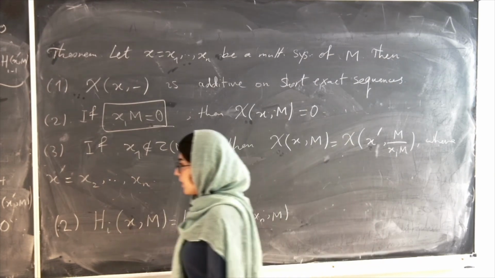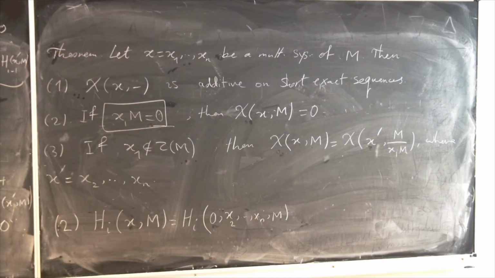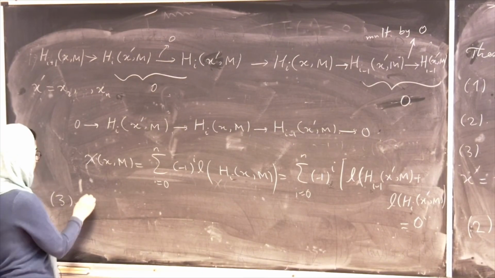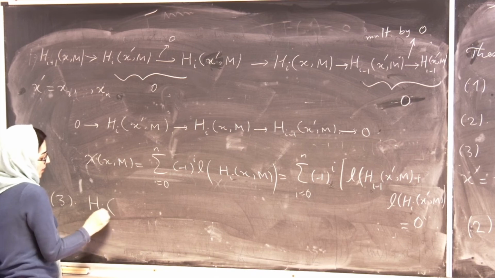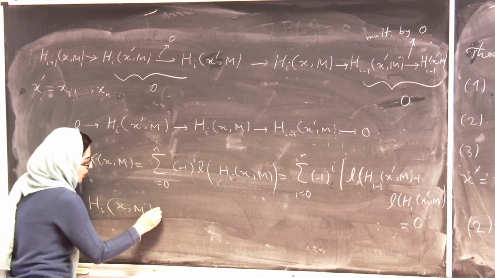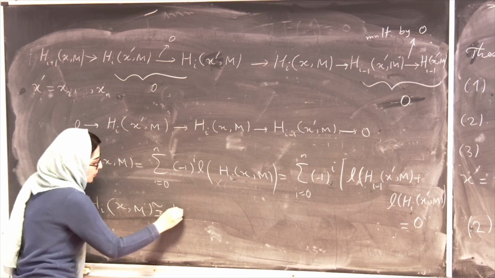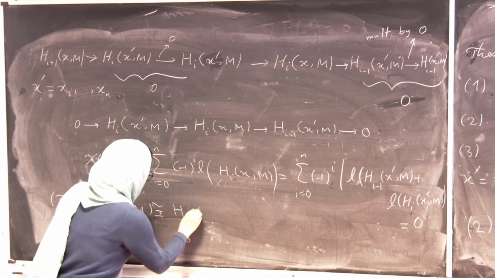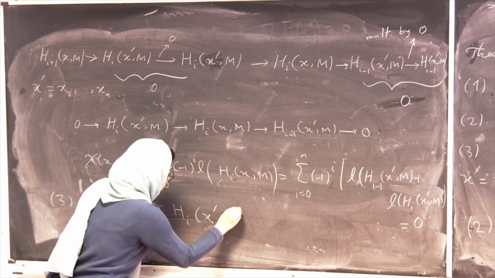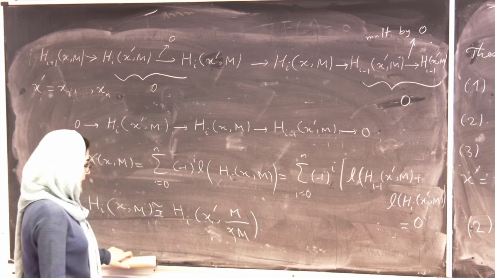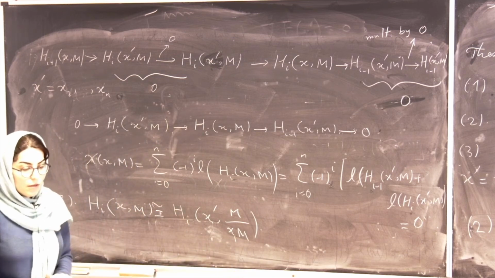And the third one, I just use this isomorphism, where when x1 is a non-zero divisor, we know that the i-th homology of x and m is isomorphic to the i-th homology of x prime and m mod x1 m, whenever x1 is a non-zero divisor.